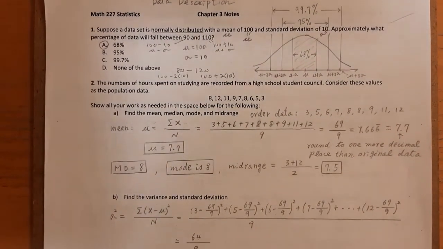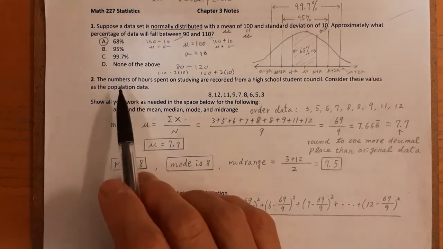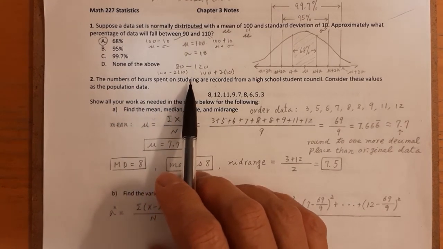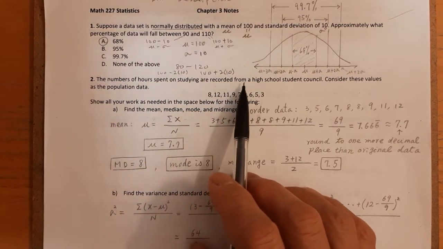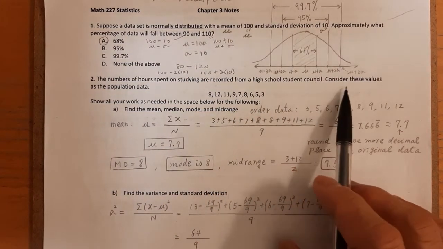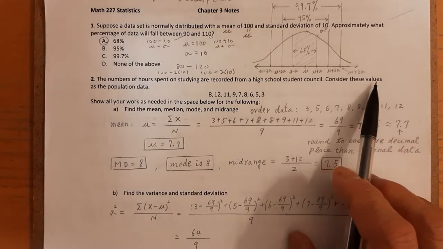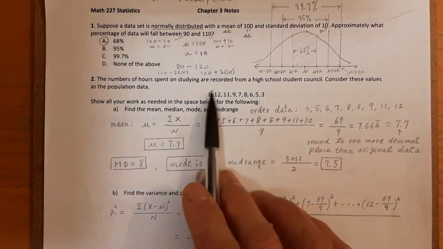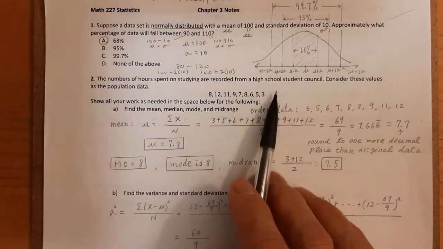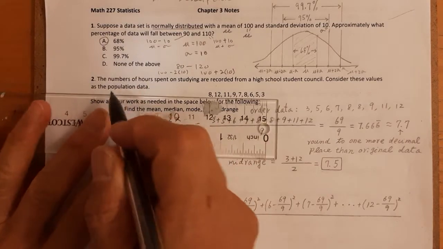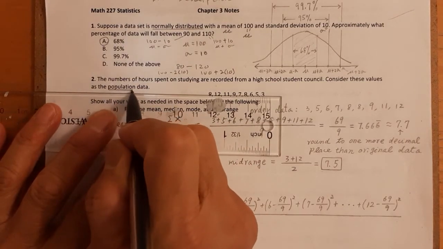Second question. The number of hours spent studying is recorded from a high school student council. Consider these values as the population data.